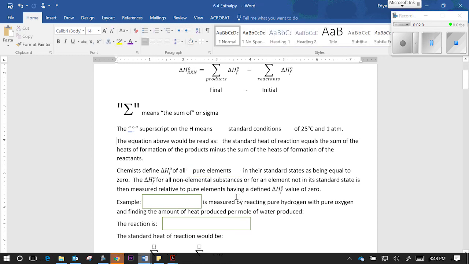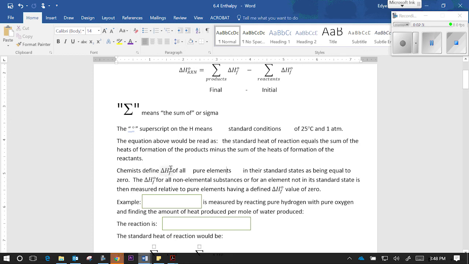Okay, chemists define this delta HF naught. Oh, by the way, this little zero up at the top, we call that naught. So delta HF naught is the heat of formation of any substance in its standard state at standard conditions. Chemists define the heat of formation of all pure elements in their standard states as being equal to 0.